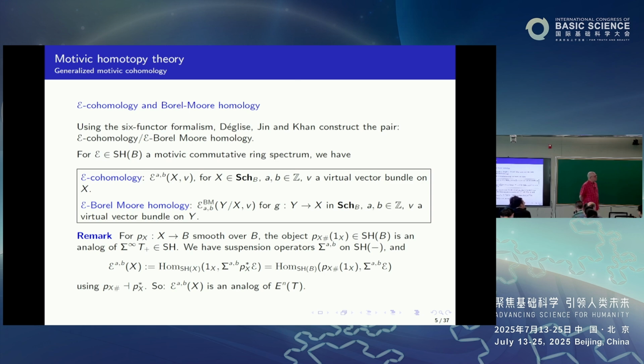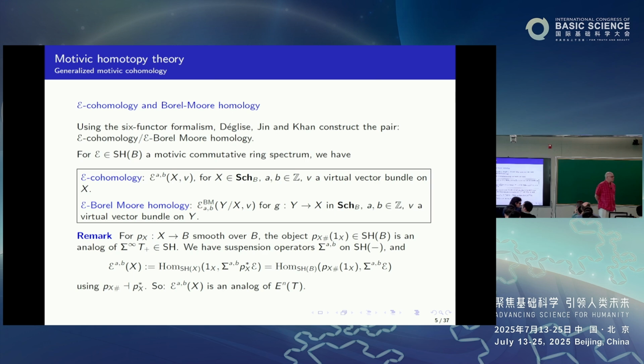Okay, why is it bigraded? If you're familiar with Tate twists, that's the second grading. The B is the Tate twist, and the A is in some sense the topological shift. You can make this, of course, more precise and formal, but that's E-cohomology, and there's E-Borel-Moore homology, which is sort of a dual of the compactly supported cohomology, just as in topology.